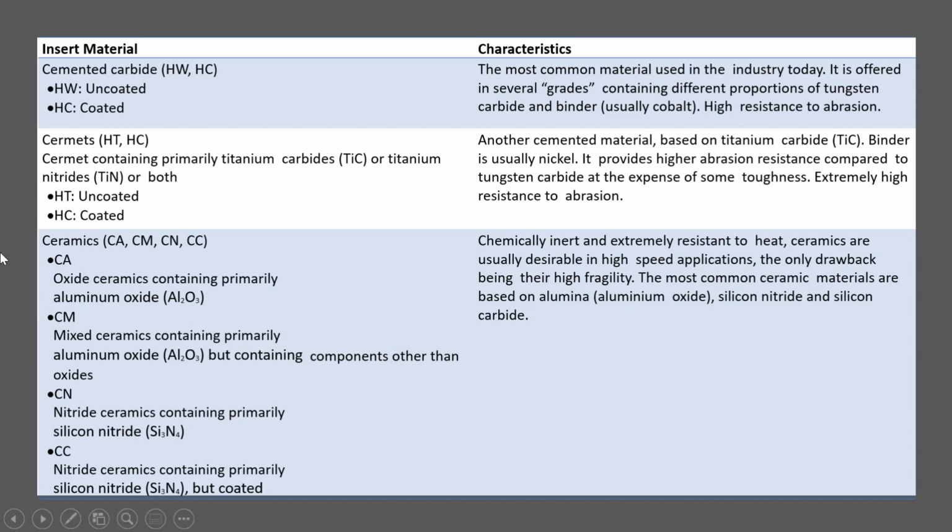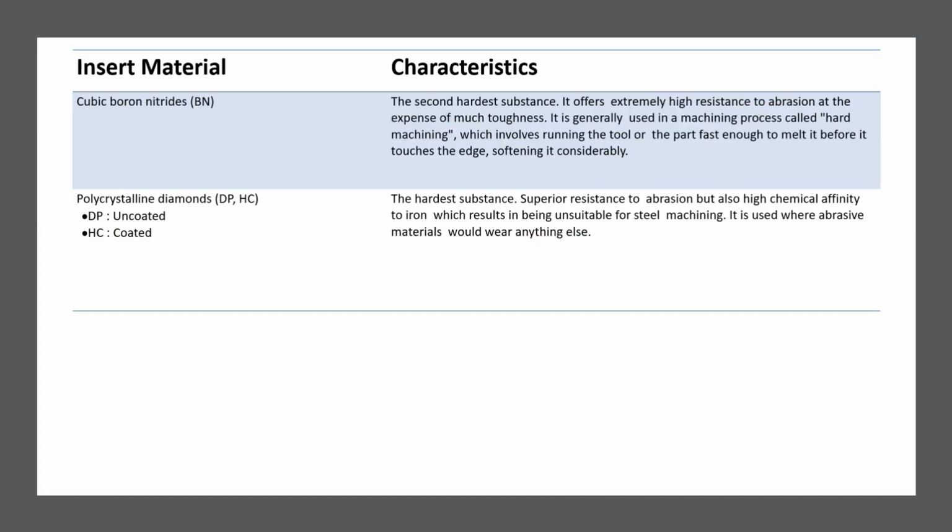You can just read this. Recently, cubic boron nitride, that is CBN, and PCBN, polycrystalline cubic boron nitride. These two insert materials nowadays have wide application for machining in industry.